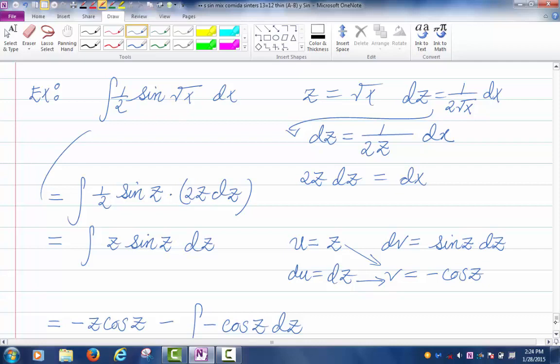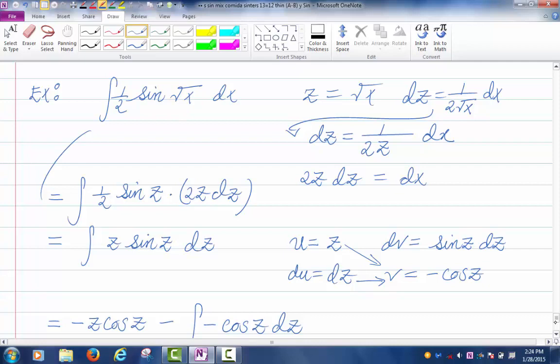No, because I'm going to end up with z sine z, and then I don't know what to do. So in Calc 1, we say if you don't have that, you cannot carry this out. But right now, if I put that z sine z, I can deal with that.